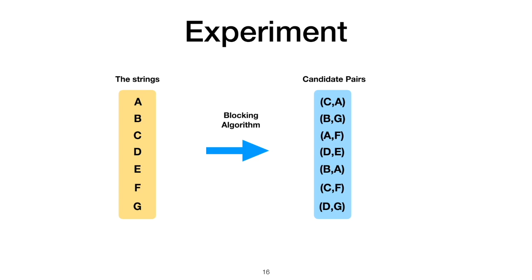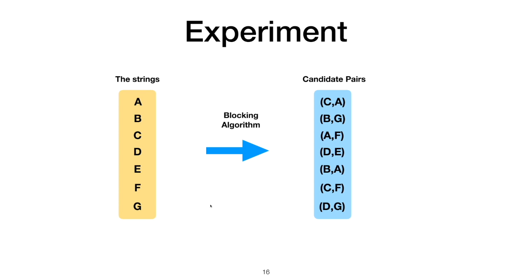So now assume we have a small dataset of strings A to G. By applying the blocking algorithm, which is explained in detail in Cohen's previous paper, we will get some candidate pairs of strings. Basically, the blocking algorithm is to reduce the candidate pairs of strings, and we want the pairs with common substrings that are not too frequent in our string names.